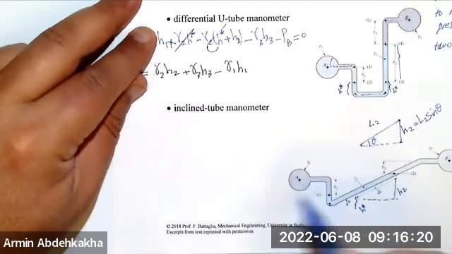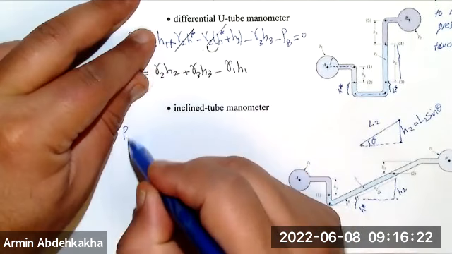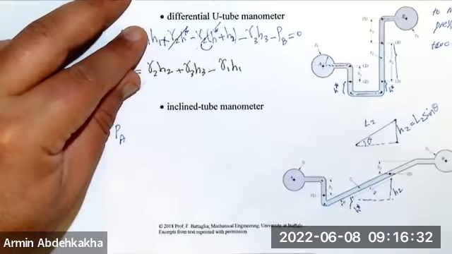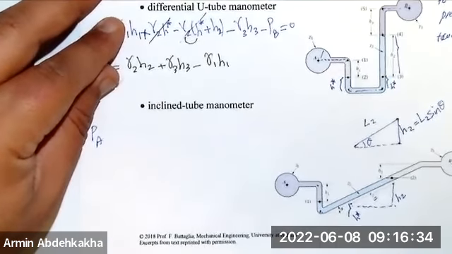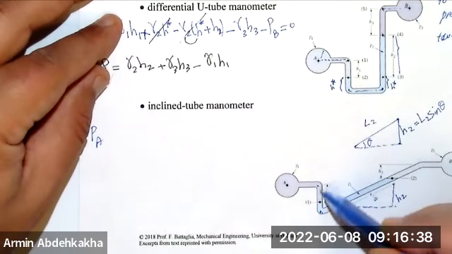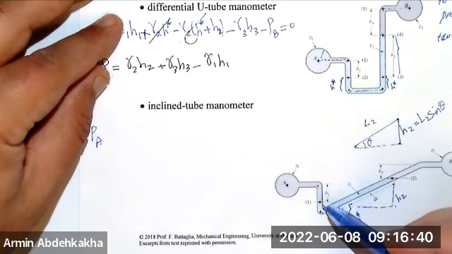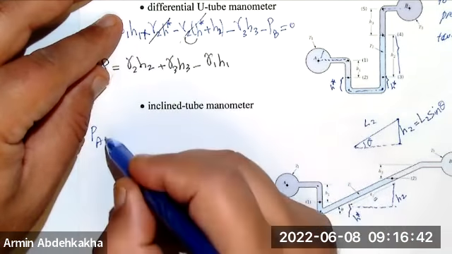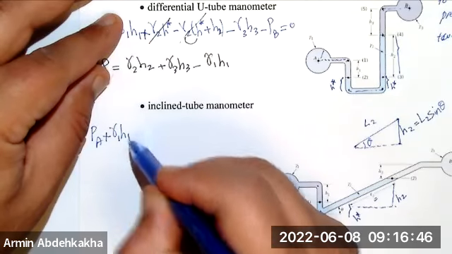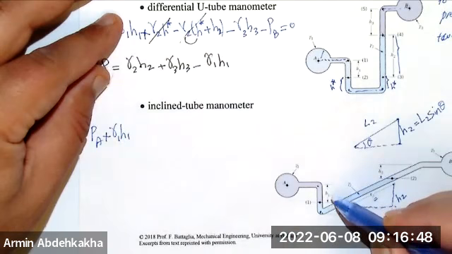Start with point A, PA. Then from here nothing changed. Then you're coming down, so you have to use a positive sign: gamma 1 H1, because this is H1.